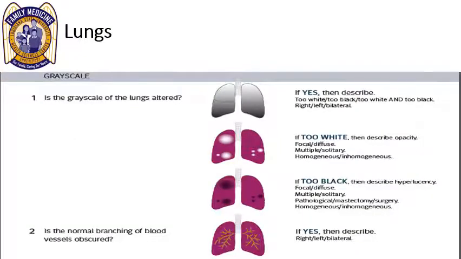So looking at the lungs themselves, obviously if there's an area that's too white or too dark, those are interesting findings. It could be some type of cancer, it could be some type of mass, some type of benign finding, could be a foreign body. You just need to be able to assess for uniformity. It should be symmetrical and uniform.